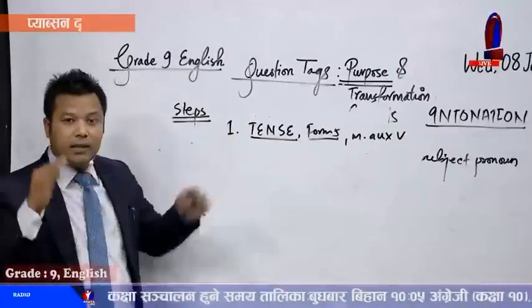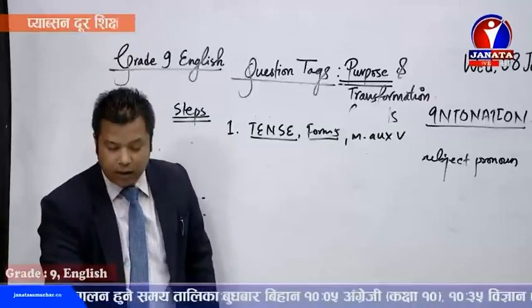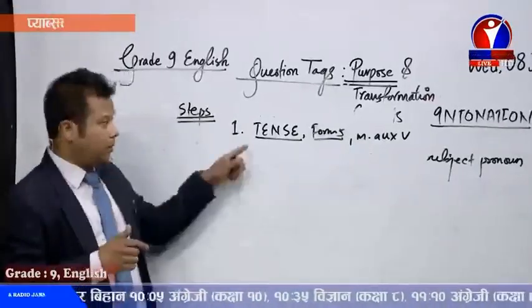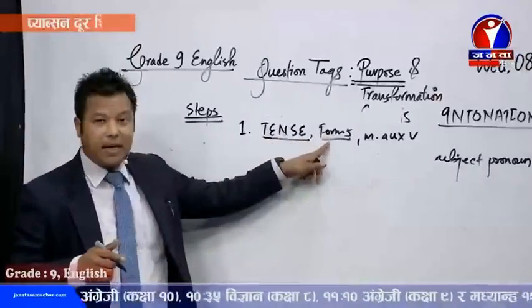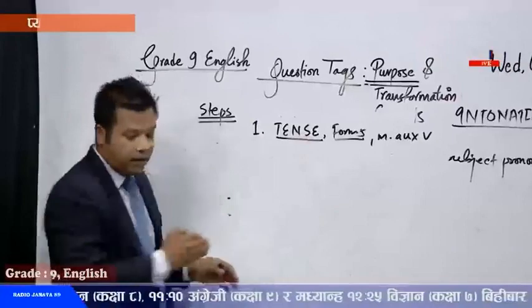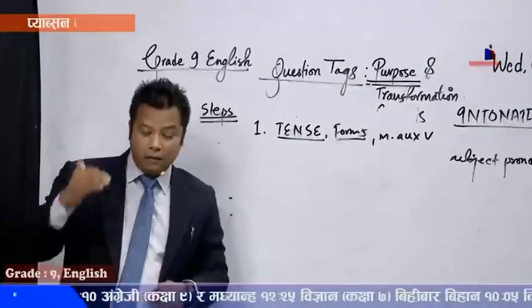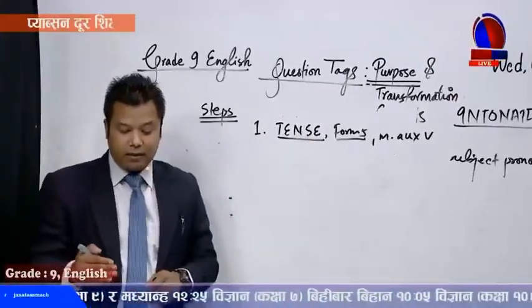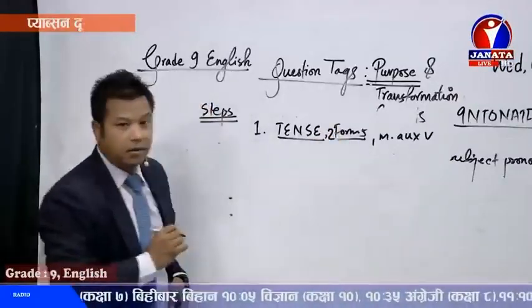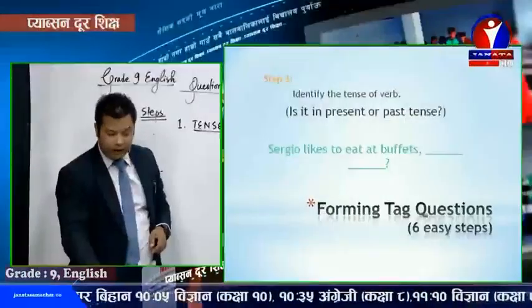In step 1, try to understand the verb. If you go to the second step, identify the type of verb. That is almost covered here. So if I ask you to identify the verb, now you identify the verb type. What verb is it? Main verb, auxiliary verb, the forms, or the classification.